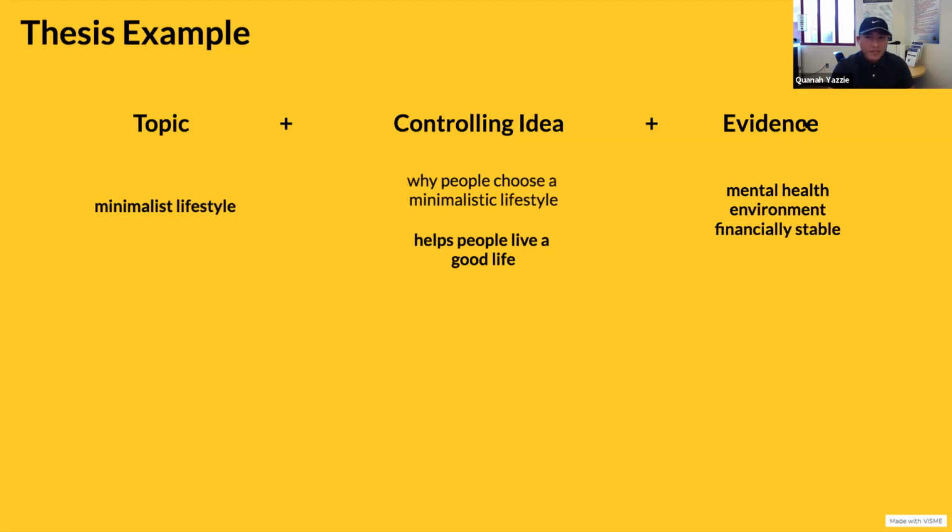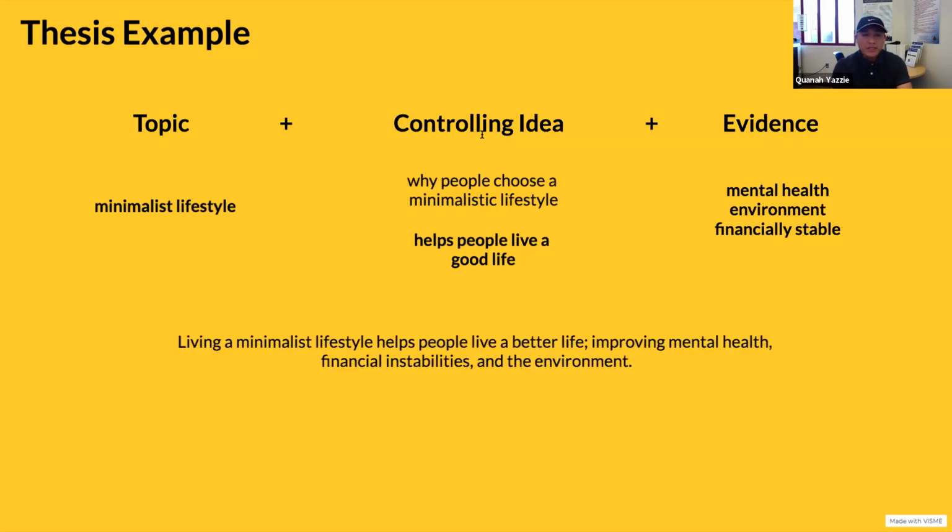Once we have these three things, we can combine them to create the thesis statement. With this first thesis statement, I'm combining these three things: living a minimalist lifestyle helps people live a better life, improving mental health, financial instabilities, and the environment.